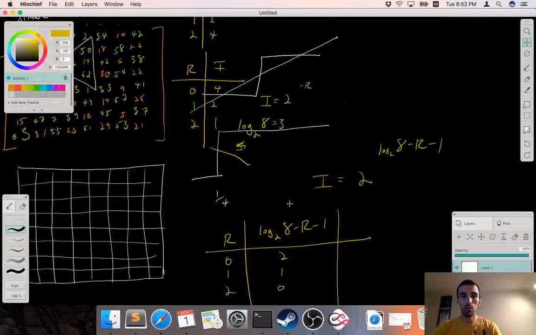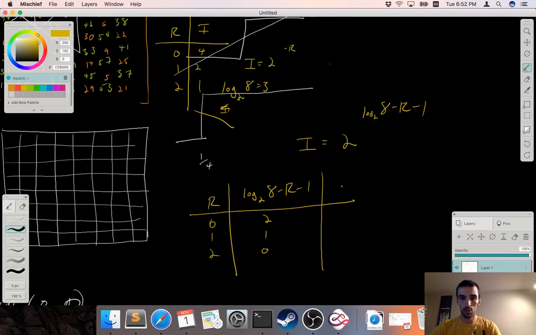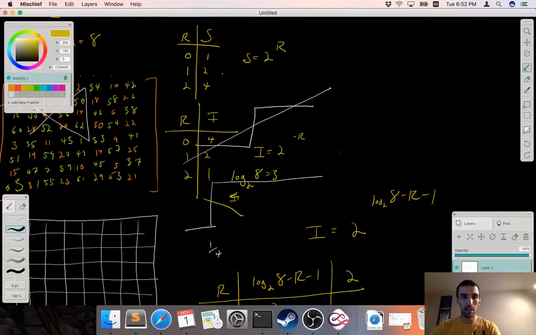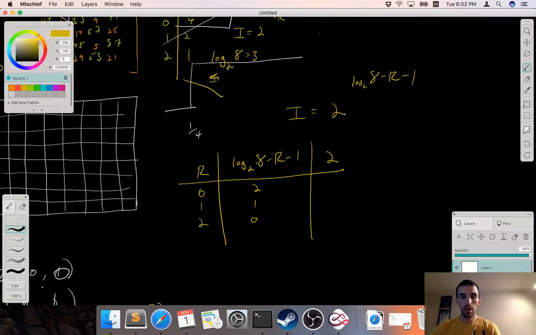And then that will let me do this. What I need is an I that does the exact opposite of what it did before. It goes 4, 2, 1 instead of 1, 2, 4. And I have that now because I reversed the input. So 2 to the log base 2 of 8 minus r minus 1 will be 2 to the 2, which is 4, and then 2 to the 1, which is 2, and then 2 to the 0, which is 1.